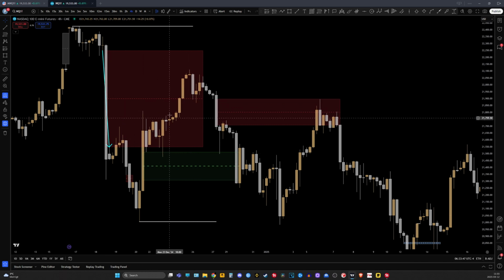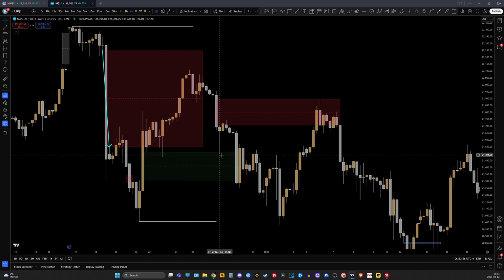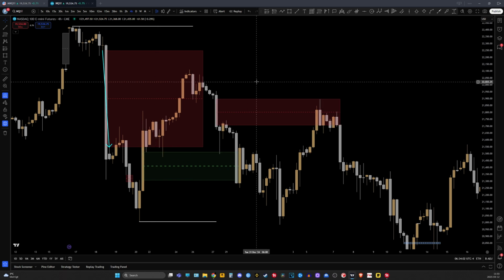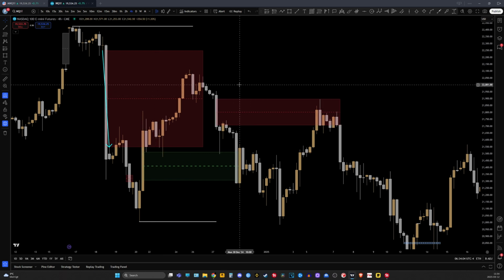So, for example, when we come up into here and we get these 4-hour candles coming up into this fair value gap, or coming back down into this one, we can look for trades within this 4-hour fair value gap on smaller time frames, like the 15-minute or the 1-minute.